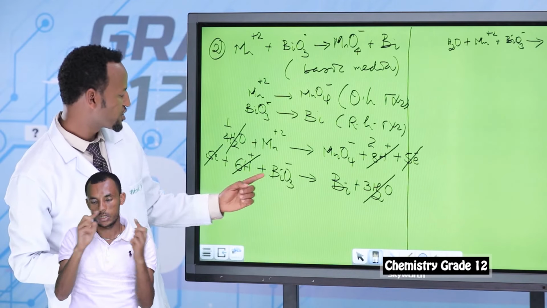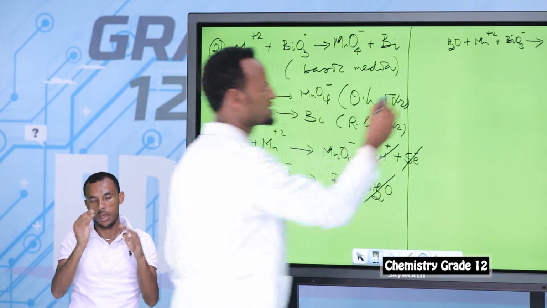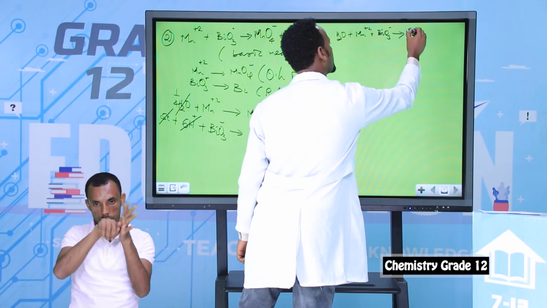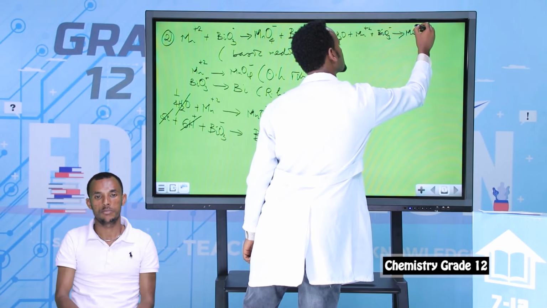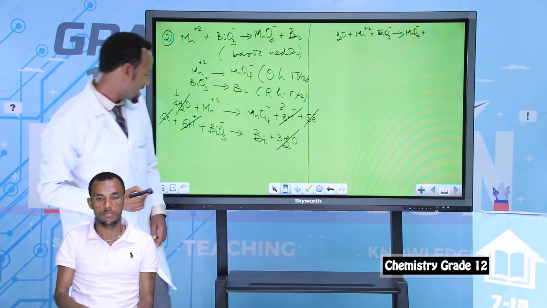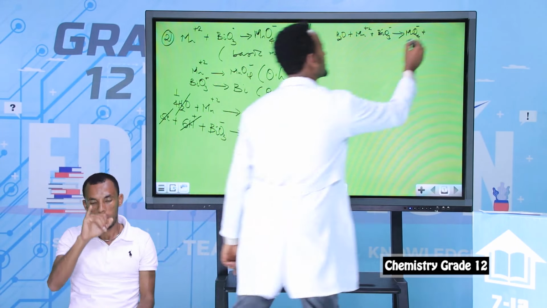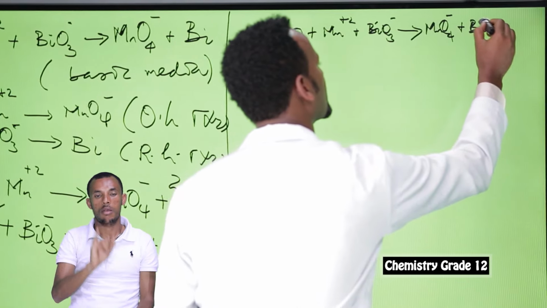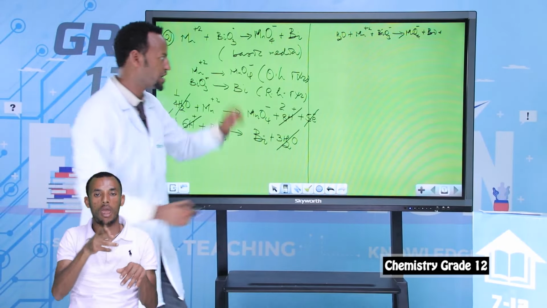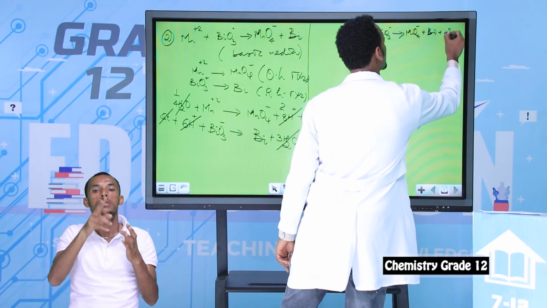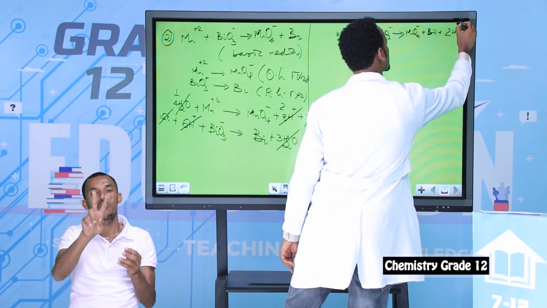In the product position is MnO4 minus plus Bi. Student, what's left? H plus. How many H plus? 2H plus.